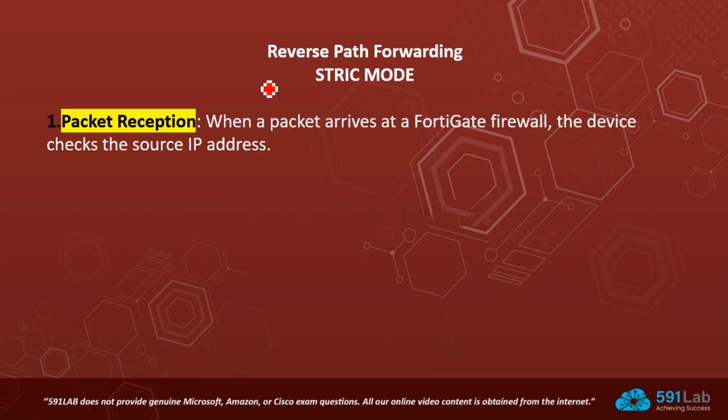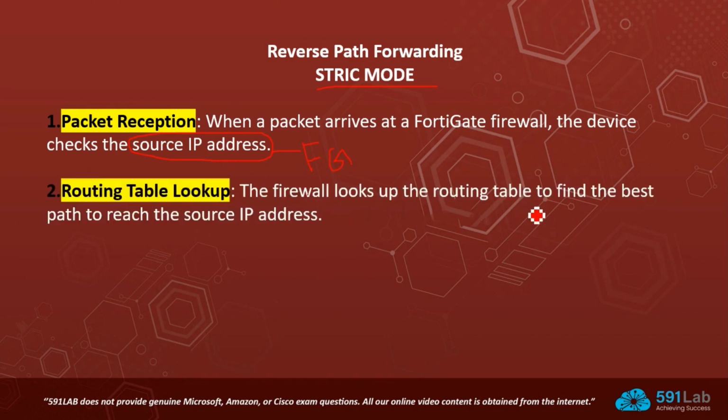For further understanding, point number 1: when the packet arrives at the FortiGate firewall, the device checks the source IP address. Then comes the routing table lookup. The firewall looks up the routing table to find the best path to reach the source IP address. Then the interface match.